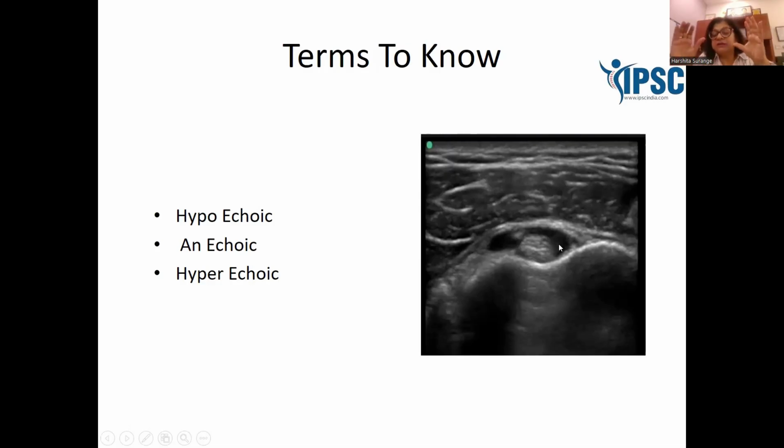So the crux is, you should remember, anything black has to be either fluid, blood, or serum. Anything white has to be a structure which is less in water, and it can be fibrous tissue or it could be bone. How do we differentiate between fibrous tissue and bone?